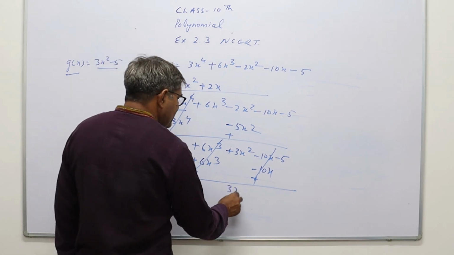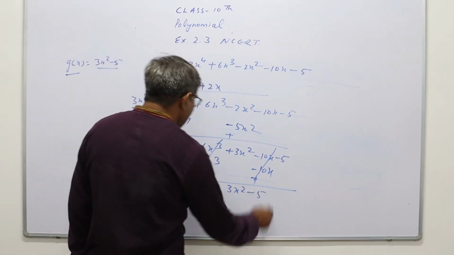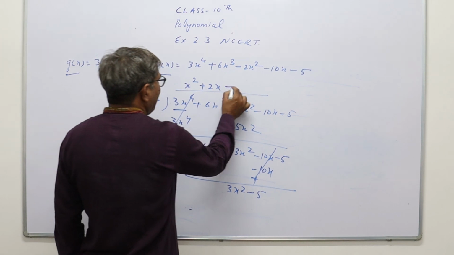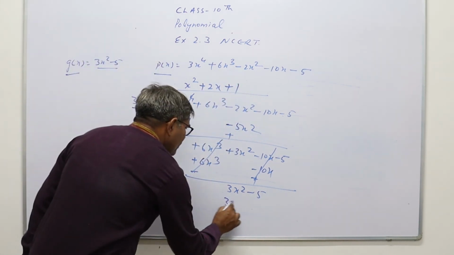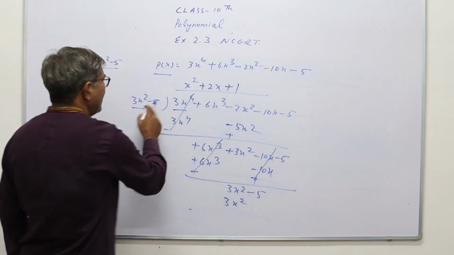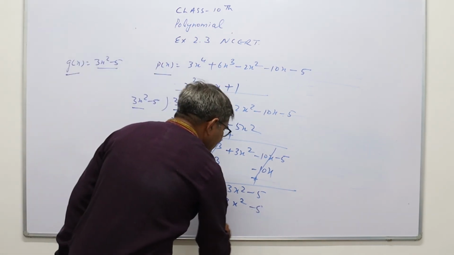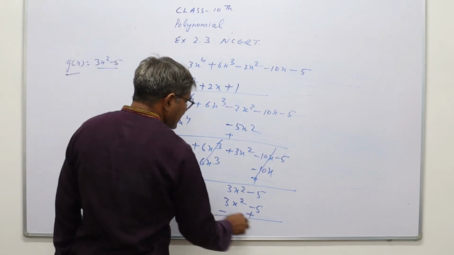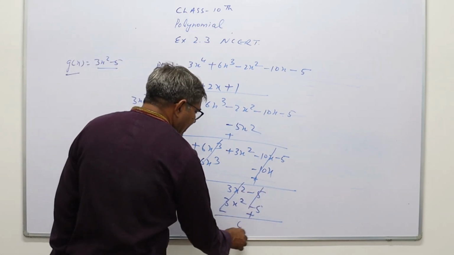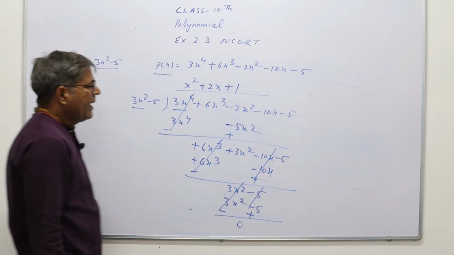The remaining is 3x square minus 5. So if we multiply by plus 1 now, then 1 into 3x square is 3x square and plus 1 into minus 5 is minus 5. On subtracting, change the sign again, minus plus. So these two terms will be cancelled out. The remainder is 0.